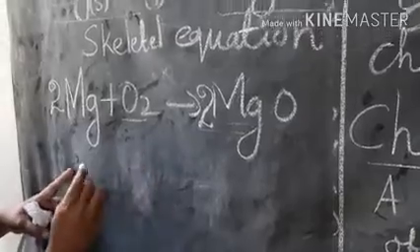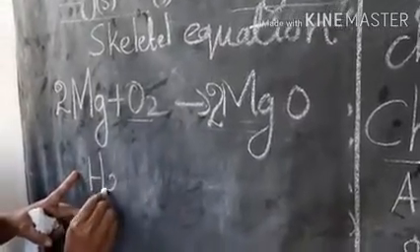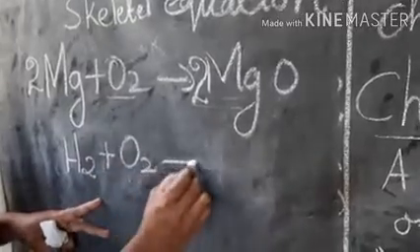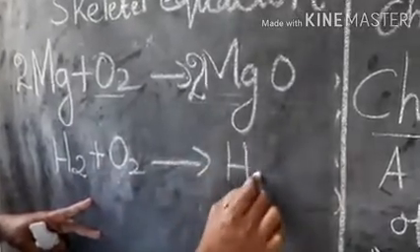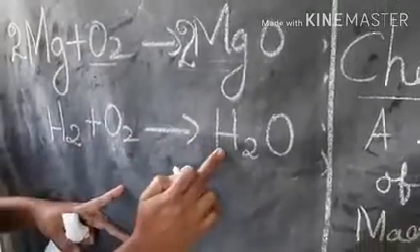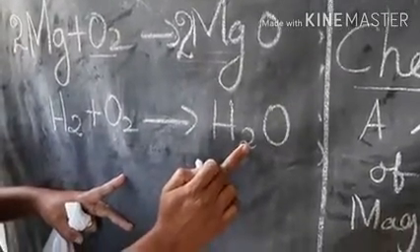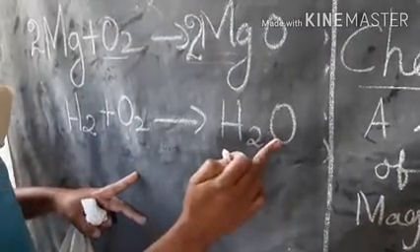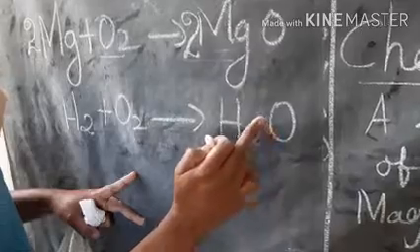I am giving one more example. Hydrogen is H2, oxygen is O2. We know that it gives water. Here also look at hydrogen, 2, it is balanced. But what about oxygen? Here 2, there 1. So you have to make this oxygen 2.